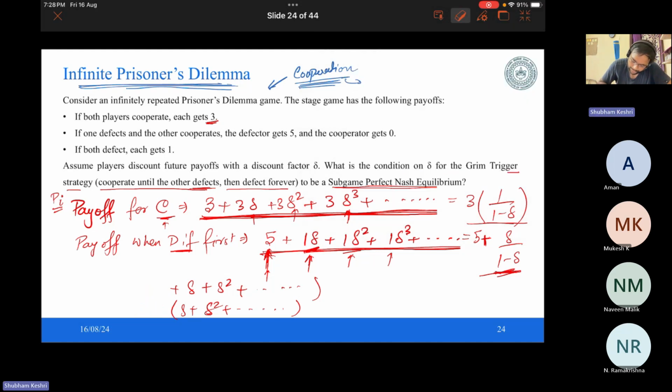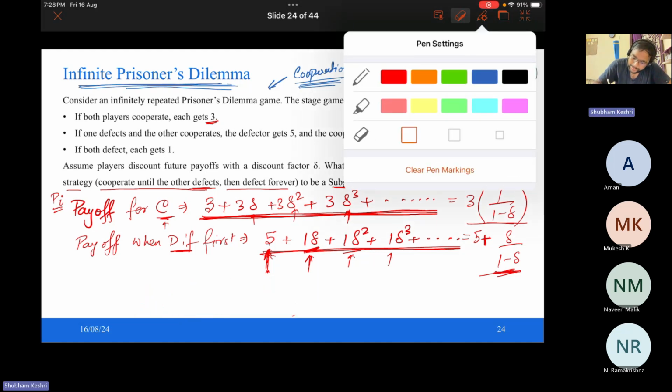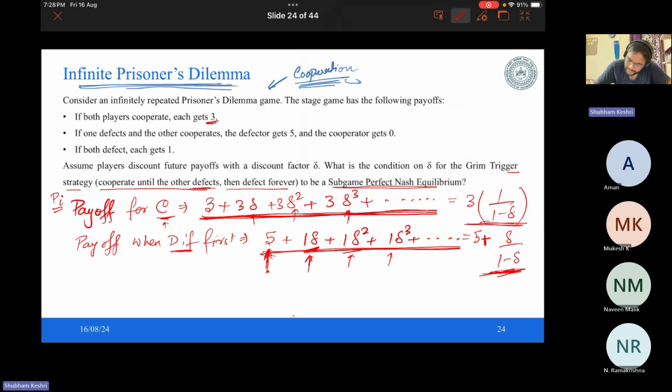Alright. Now what I am saying is, if this value is more than this, then there is no point in defecting. So 3 times 1 by 1 minus delta is greater than or equal to 5 plus delta by 1 minus delta. Then the game will continue and there is no defect.